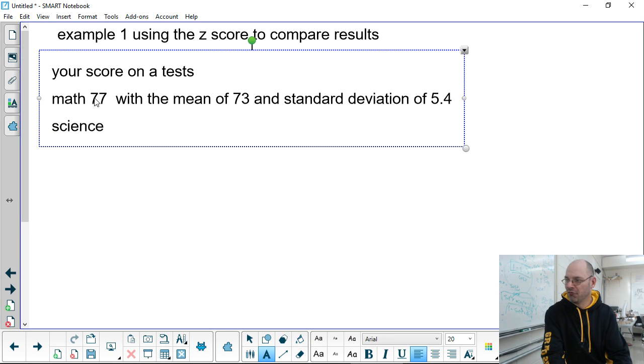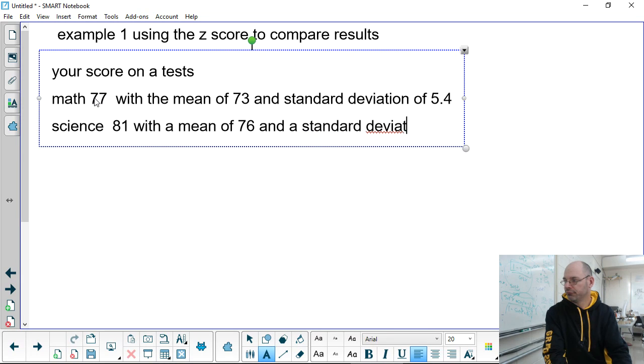And in science, you have an 81 with a mean of, let's say, 76, and a standard deviation of, let's say, 4.2.